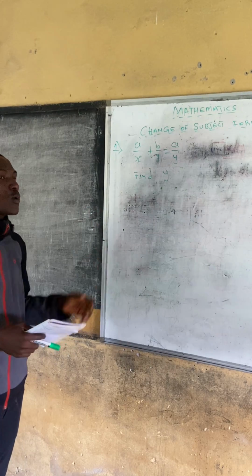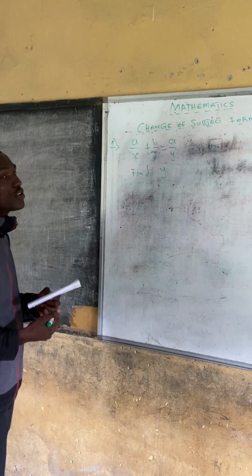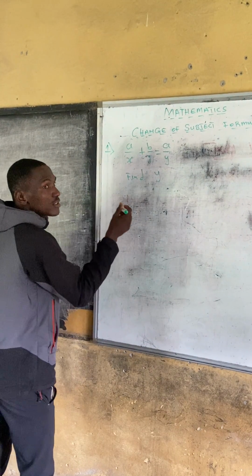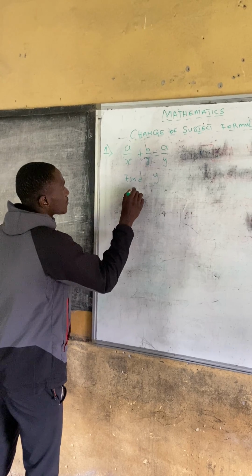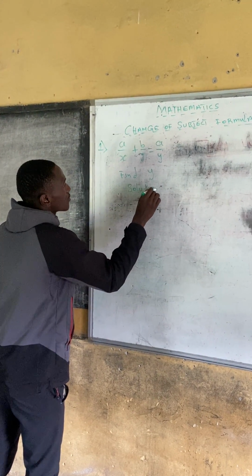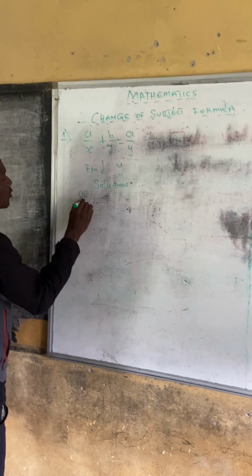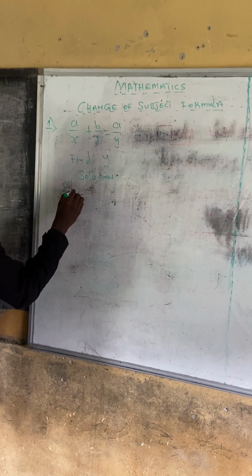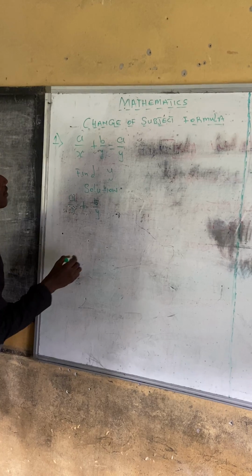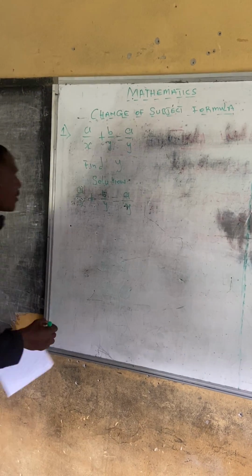So how do we make y the subject of the formula? For you to make y the subject of formula, we are going to simplify this by solving it. Solution. You rewrite the question: a over x plus b all over y equal to a all over y.